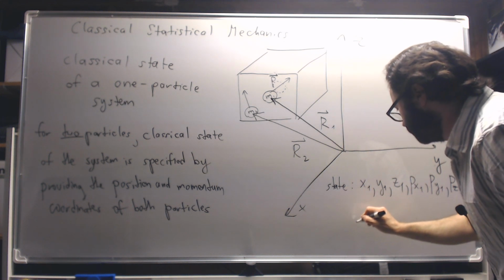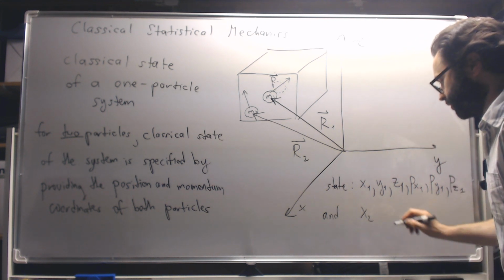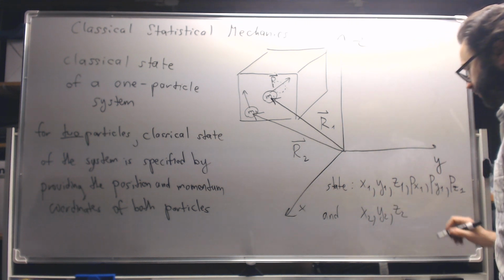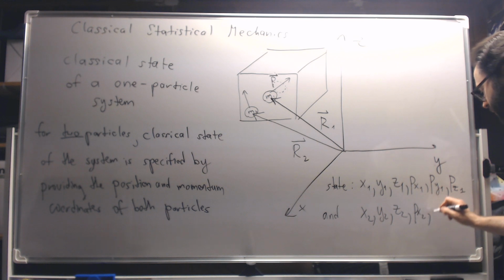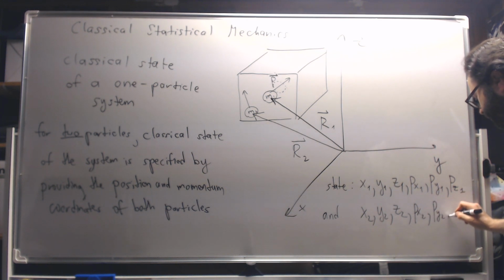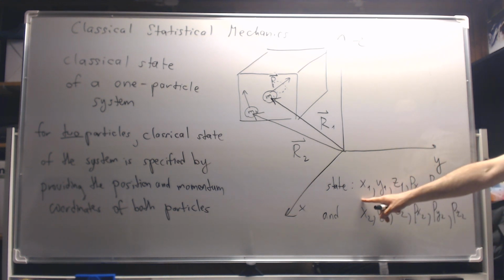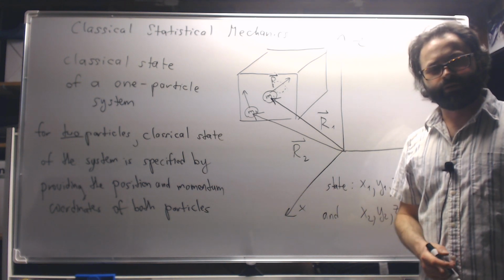And now, particle 2 is at position x2, y2, z2 with momentum px sub 2, py sub 2, and pz sub 2. And so the classical state is specified by specifying the instantaneous position and the instantaneous momentum of both particles. For an n-particle system that has many particles, right?